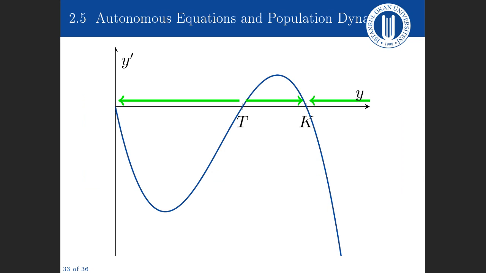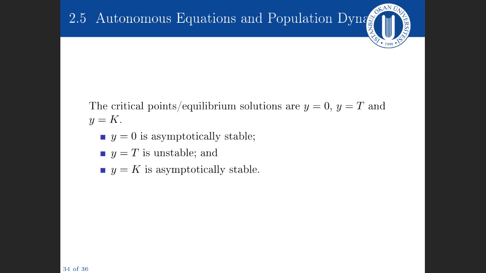And I've drawn the green arrows as before. We have three equilibrium solutions, 0, T, and K. Y equal to 0 is asymptotically stable, y equal to T is unstable, y equal to K is asymptotically stable.